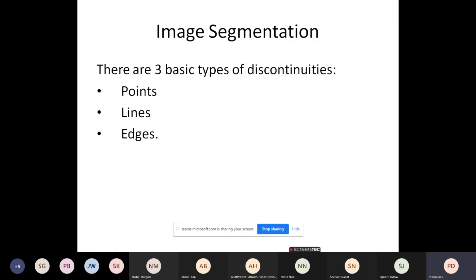Right now we have to see what are the three basic types of discontinuity. One is point, the second one is line, and the third one is edges. Today we'll be concentrating on point and line detection, and in the next class we'll be taking the edge detection content.